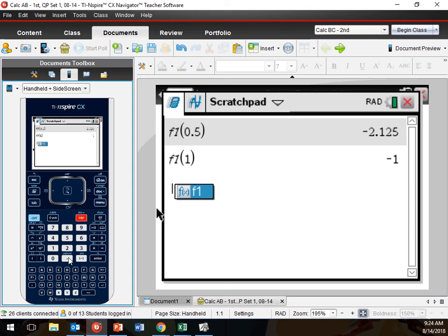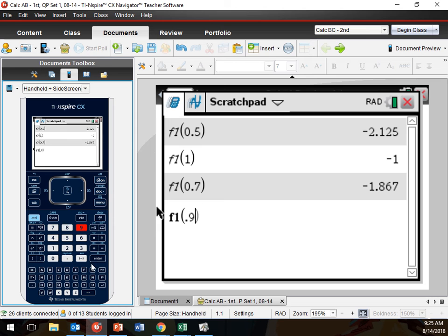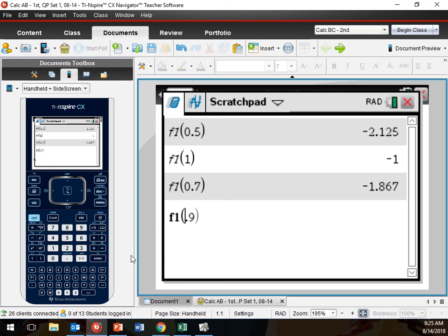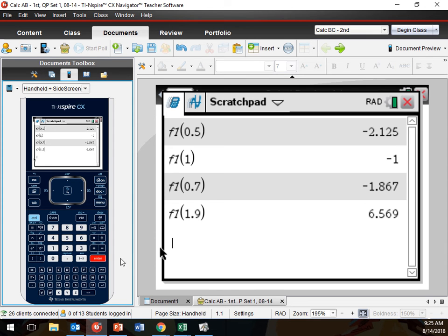Let's go 0.7. Oh, wait. I'm on the wrong side. It should be 1 point something. It's 1 and 2. Dang it. Okay, I was messing up there.